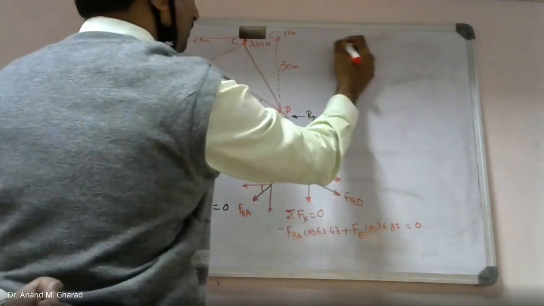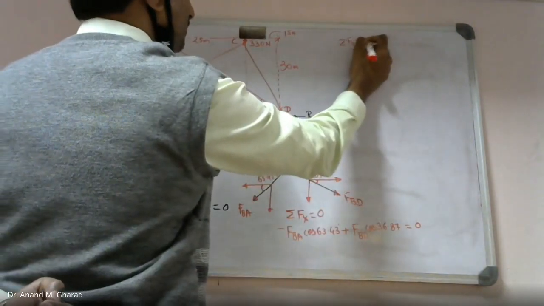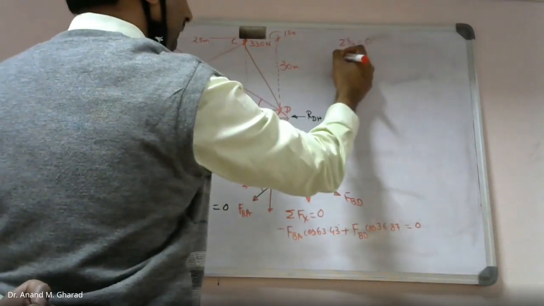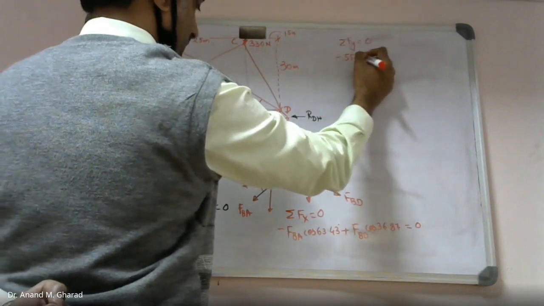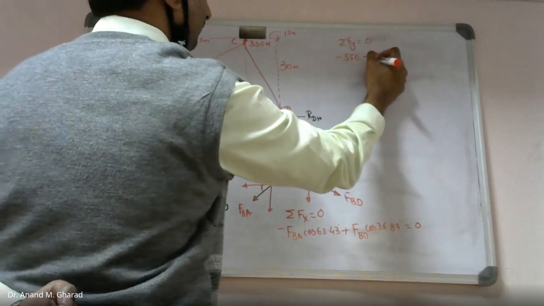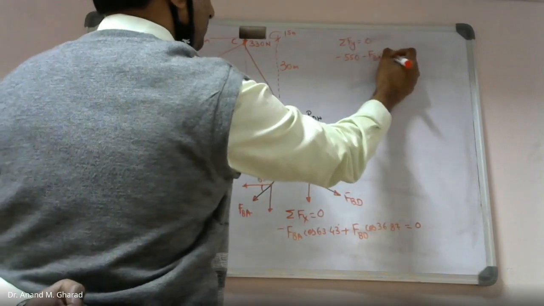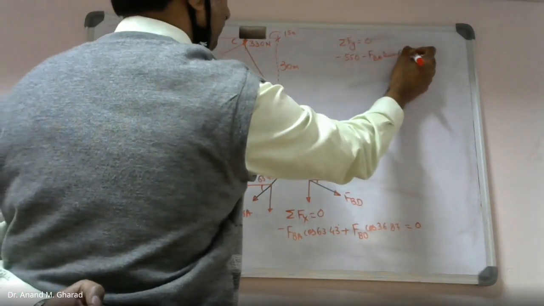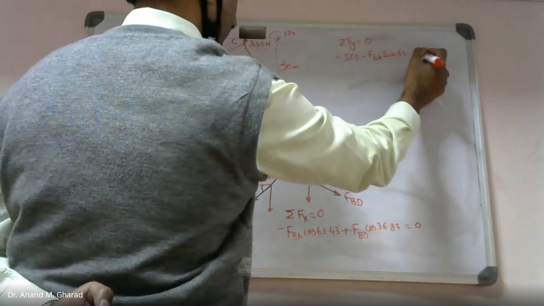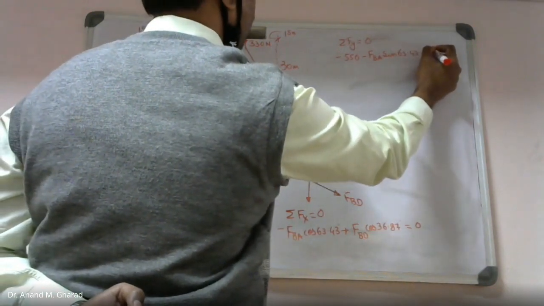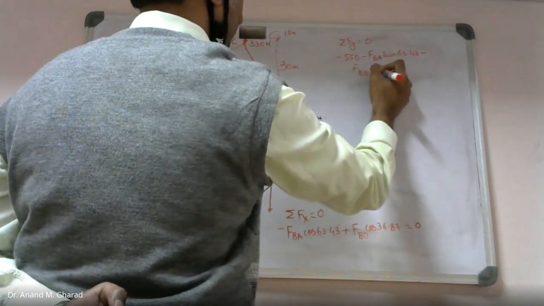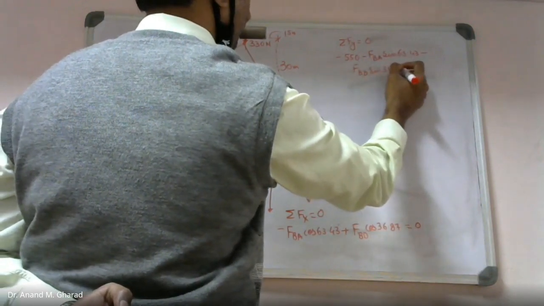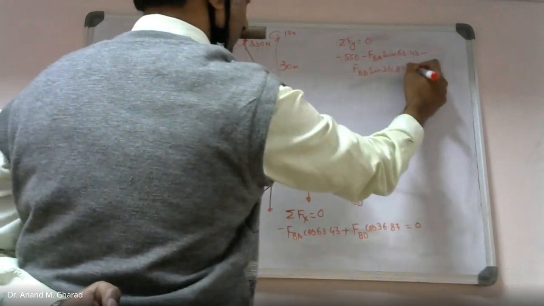Then summation of force in y direction equal to 0. Here you will find that there is vertical force minus 550 minus FBA sine of 63.43 and then minus FBD sine of 36.87 equal to 0.